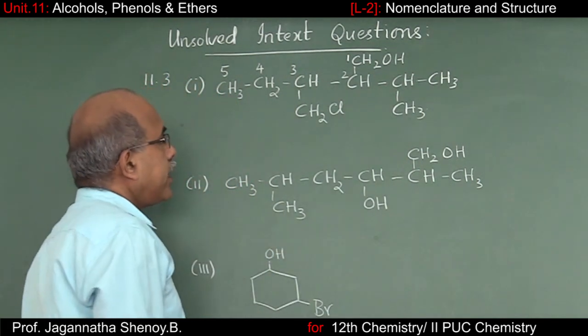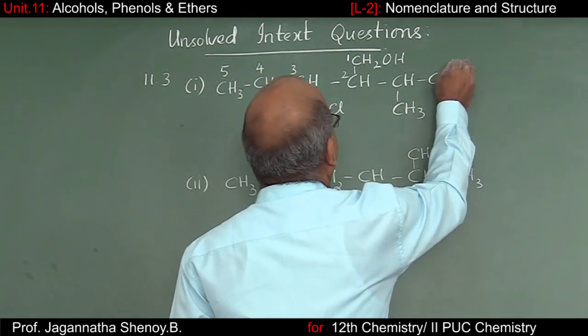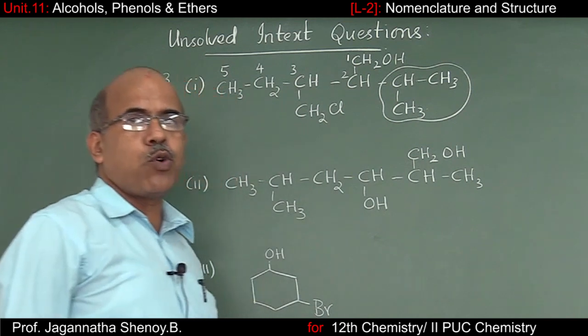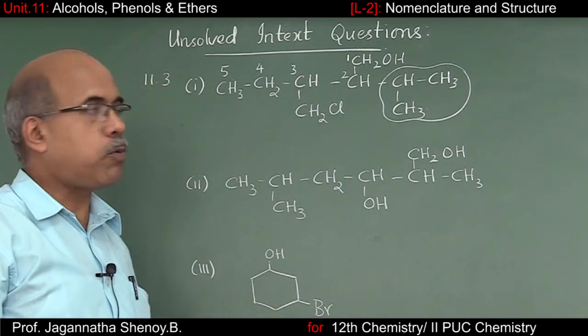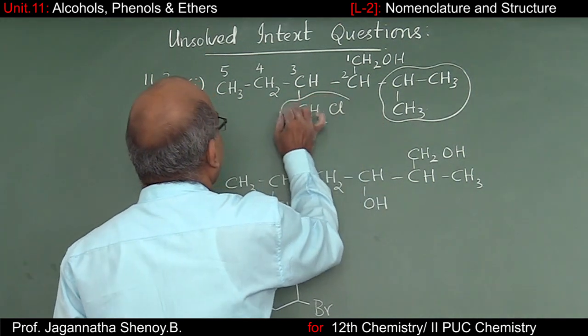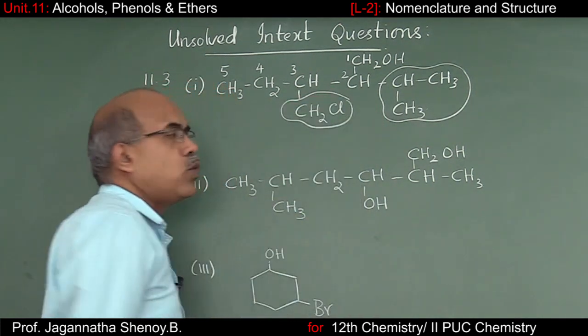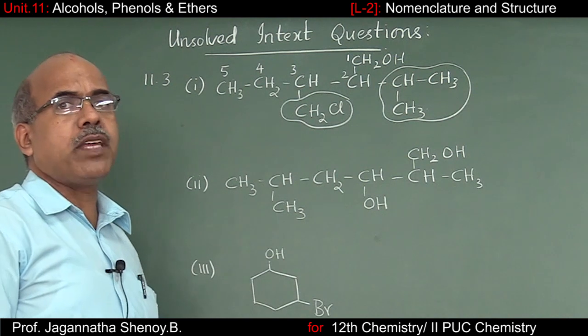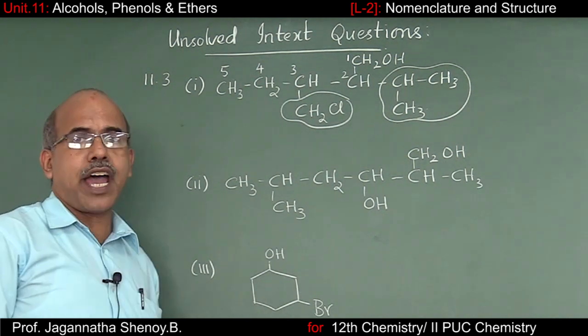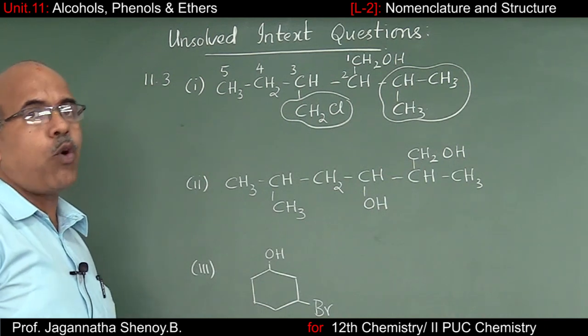And once you consider that, you can make out, on the second carbon atom we have the isopropyl group, isopropyl. And on the third carbon atom, we have a chloromethyl group, chloromethyl. So when I want to write the IUPAC name, what should I do?